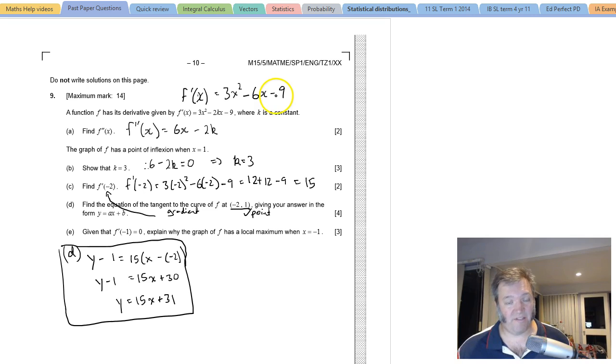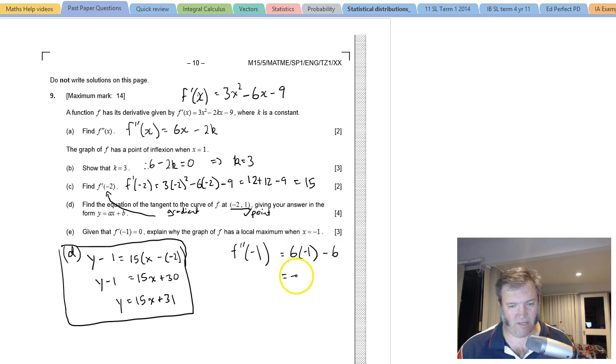So 3 plus 6 is 9, minus 9, 0. That all checks out. What are the two ways we could do this? I can just find the second derivative at negative 1. We found k equals 3, so it's 6x minus 6. So we're going to have 6 by negative 1, minus 6, which is negative 6 minus 6, negative 12.